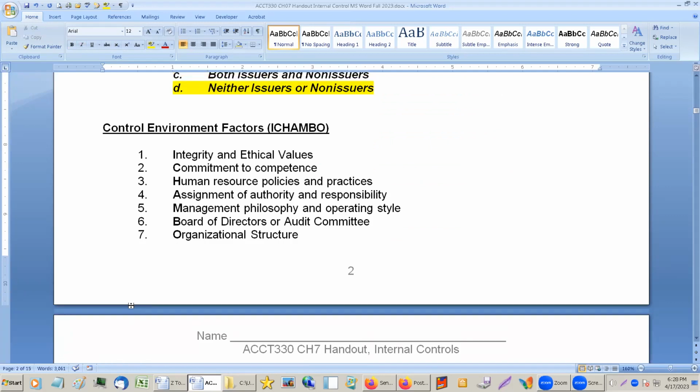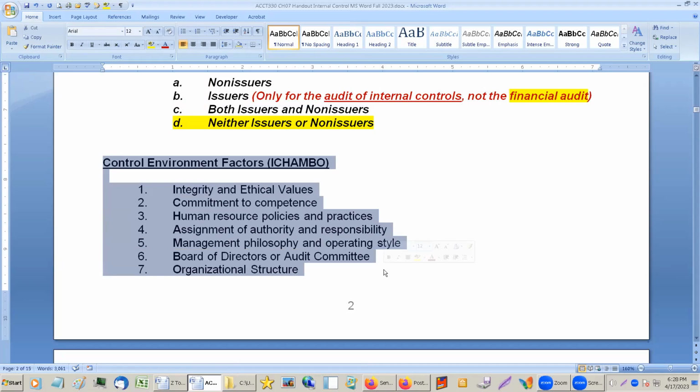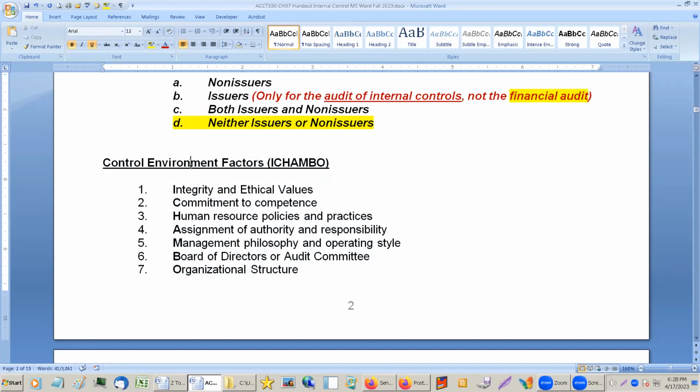Control environment factors. This is a way to remember it. This has been around for a while. The control environment is basically the environment in the client corporation. And a lot of times, if there are problems, it comes down to these things.